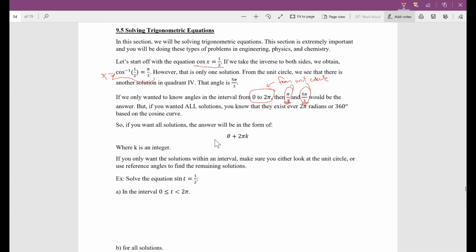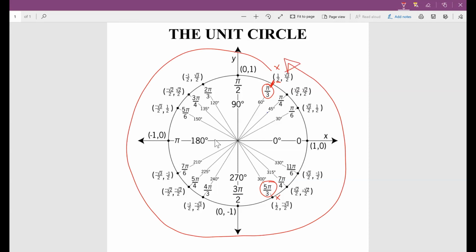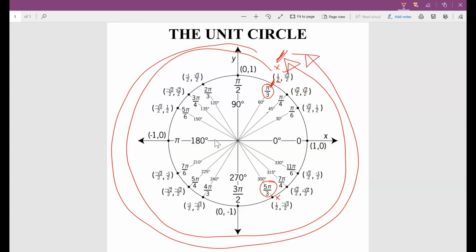However, let's say you wanted all of the solutions, even if I were to add 2 pi many different times. How can I figure them out? If I have pi over 3 right here and I add 2 pi, or 360 degrees, I get another solution. I add another one, I get another solution.